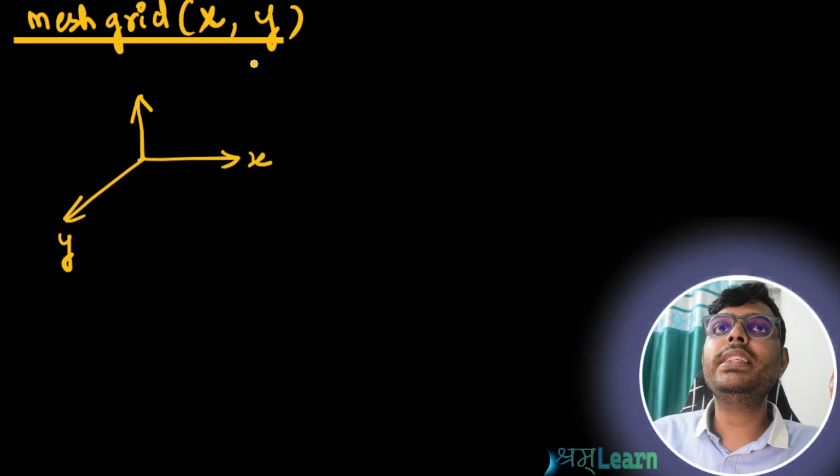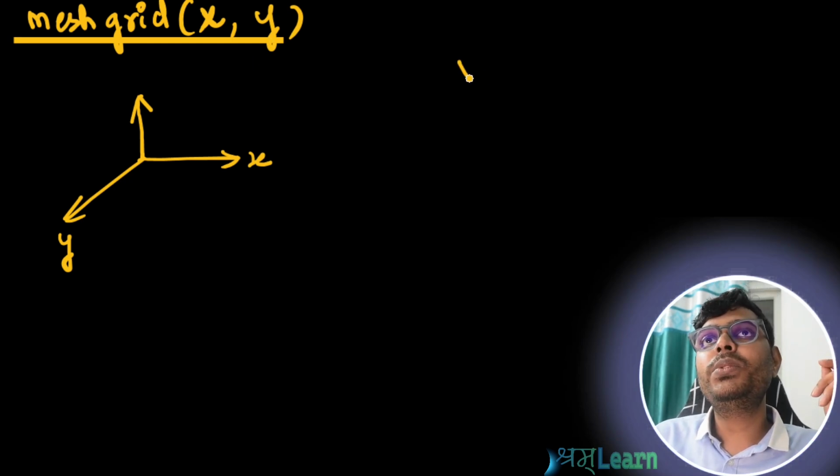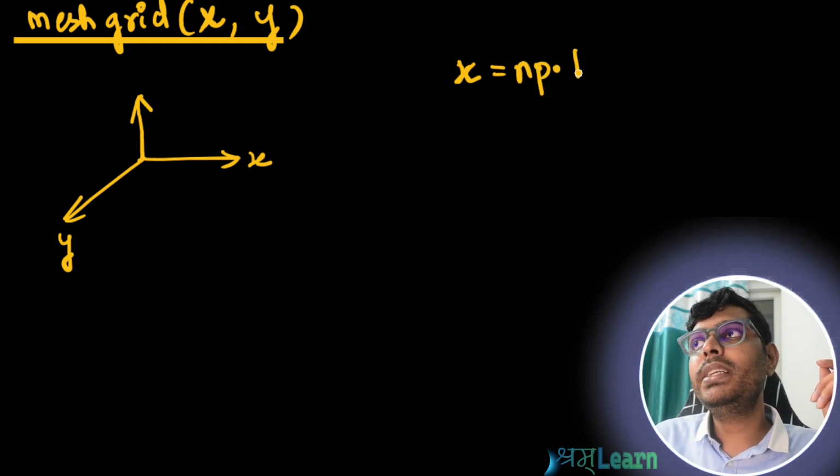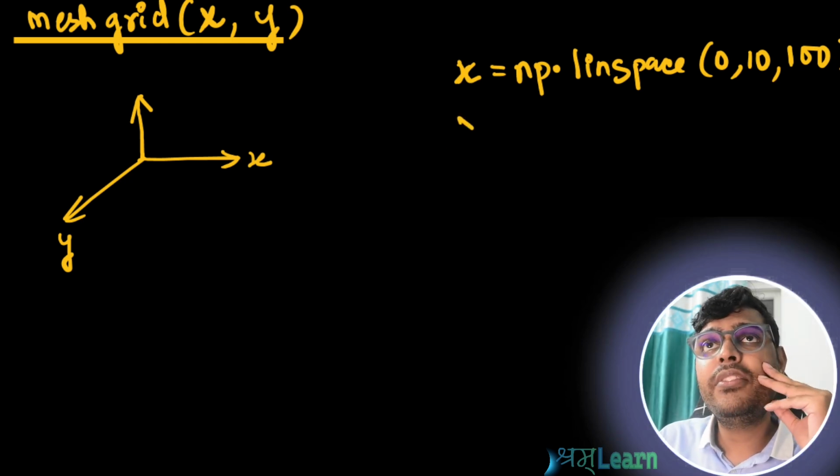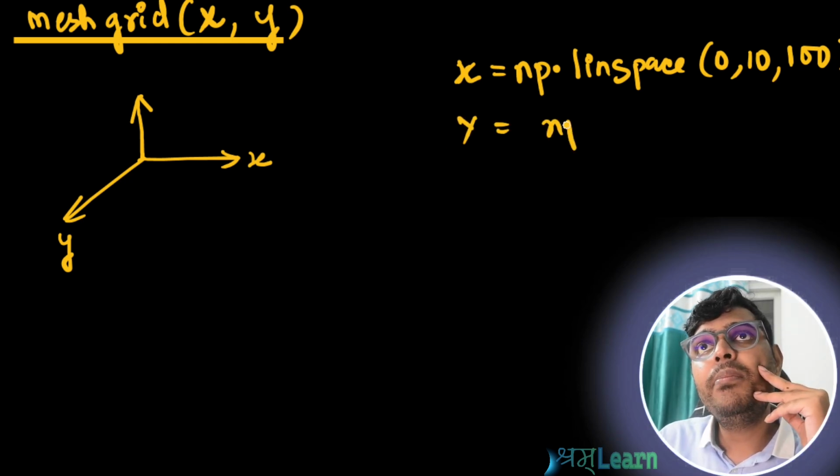So far we have seen that suppose x was there, we used np.linspace, 0 to 10, we produced 100 numbers, and we also computed np.sin(x), and we plotted this.